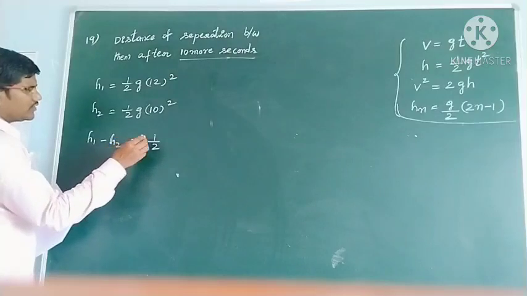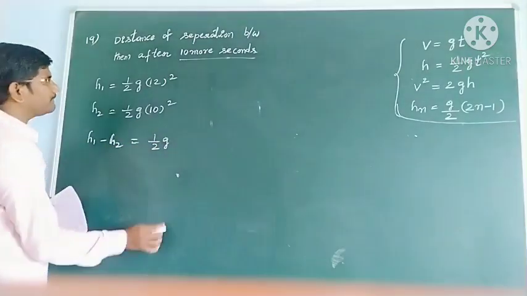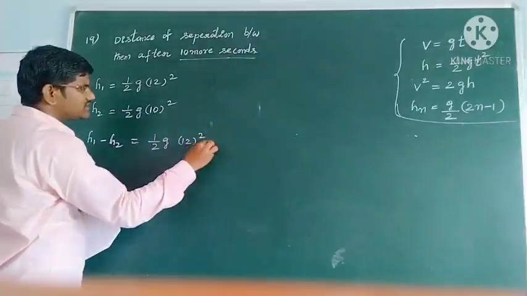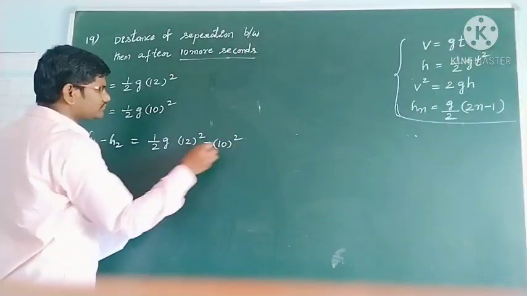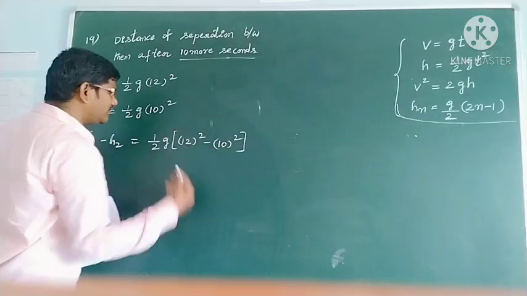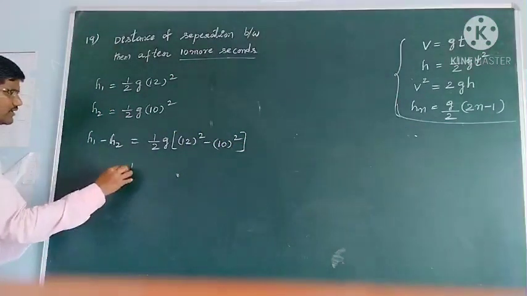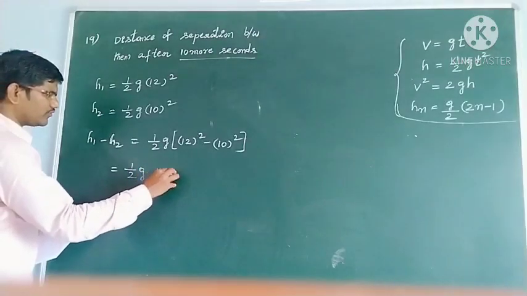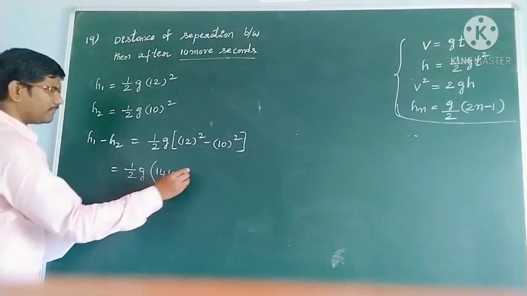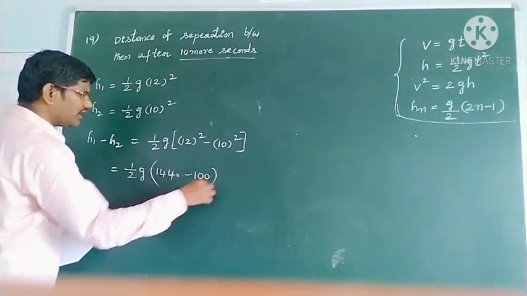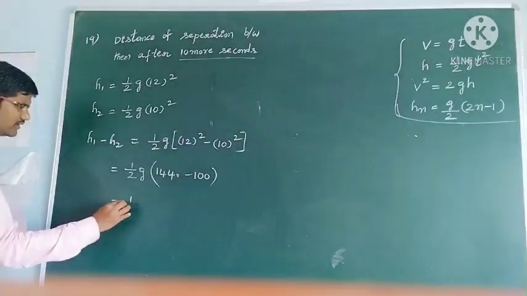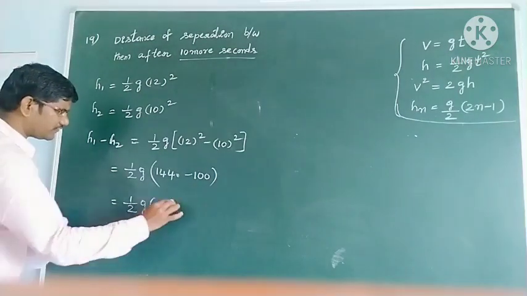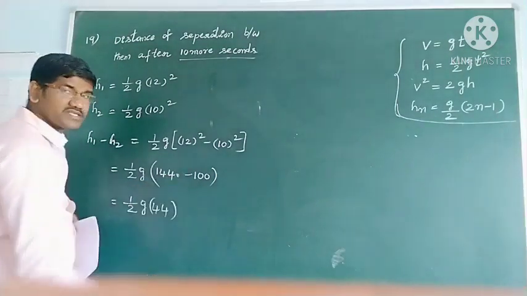Then half g is common, 12 square and 10 square within the brackets. Then half g into 12 square value 144 minus 10 square value 100. Then half g into 144 minus 100.